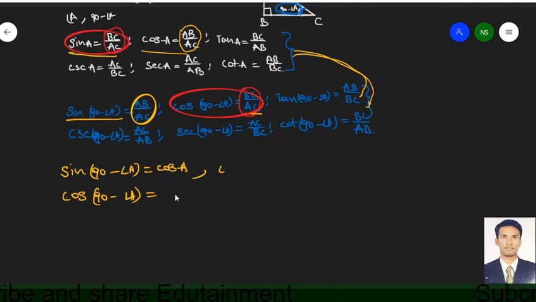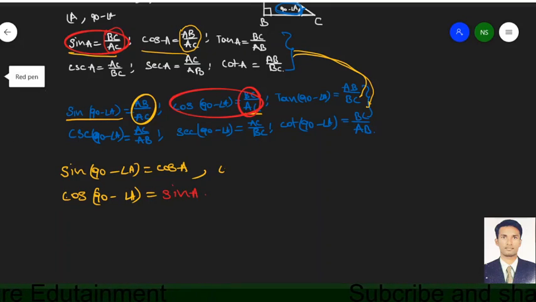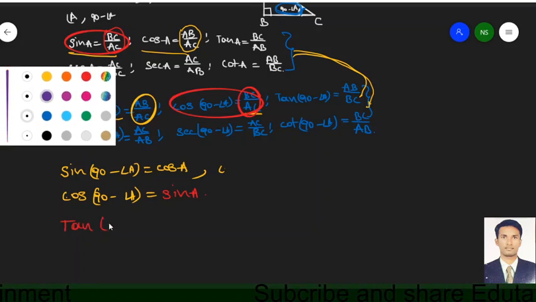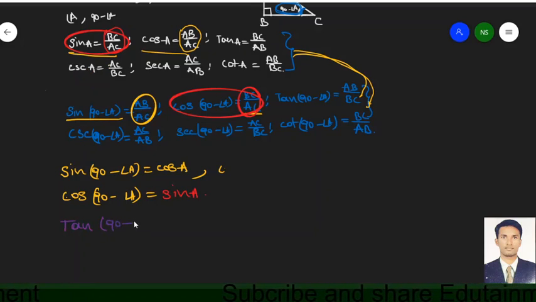So cos 90 minus A we can write as sin A. Then tan 90 minus angle A is equal to AB by BC.